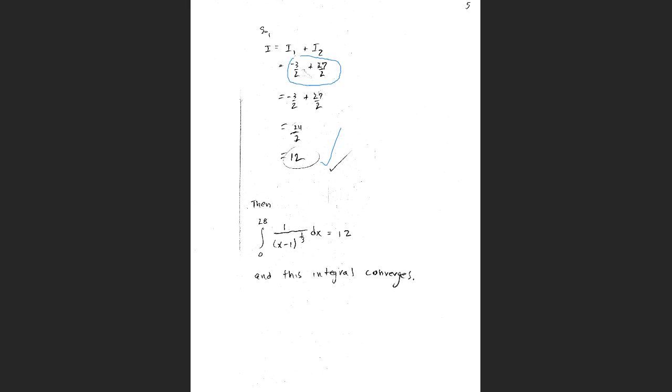Okay, I want to do one with you on the whiteboard. I'm going to actually do an example from the book here. I'm going to do it on the whiteboard, just so you have, I'm trying to give you variety here. Let me bring up the whiteboard. All right, so that integral converged. Another example.